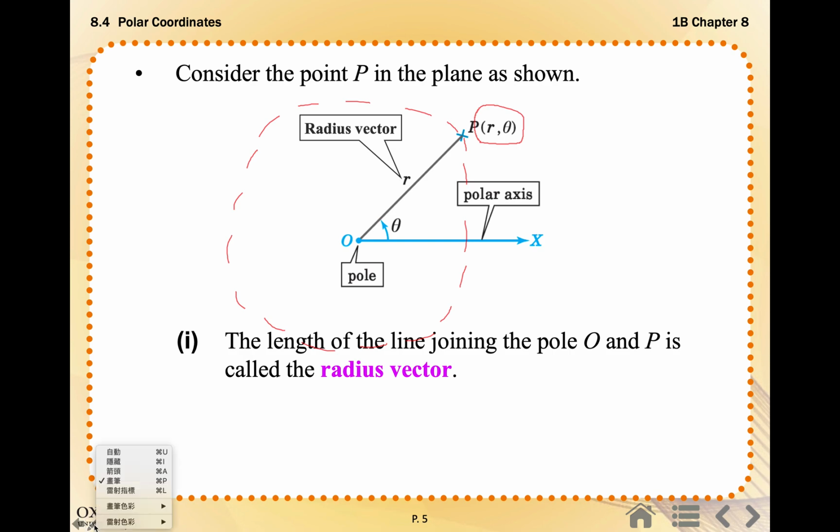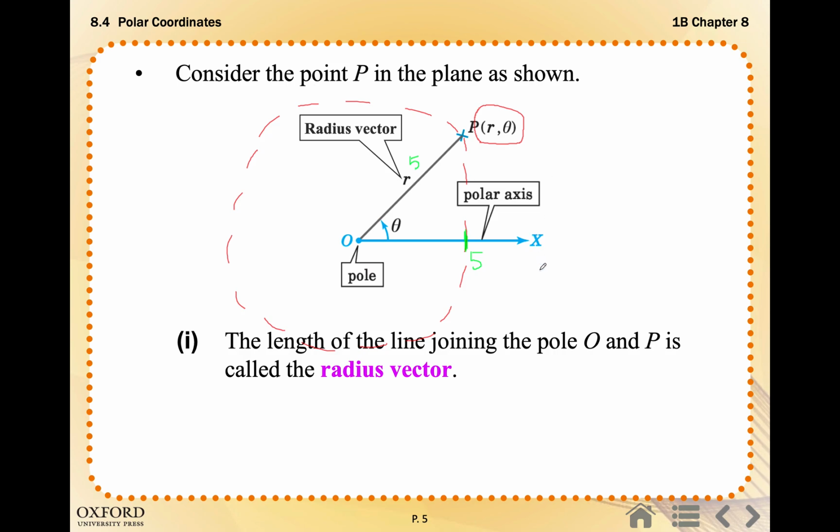For example, if here is equal to 5, then the radius of this circle is 5. Because OP is also the radius of this circle, r is also equal to 5.